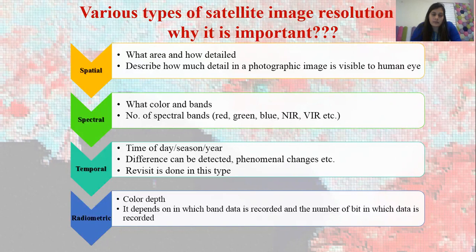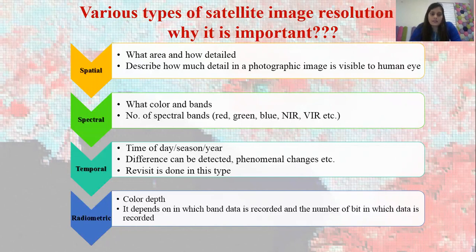From these characteristics only, we can further derive the image, further see the image, and further decide what more can be done. So here, first is spatial, spectral, temporal, and radiometric. What is the spatial word? We have already discussed. What area and how much detailing is done, that is known as spatial.